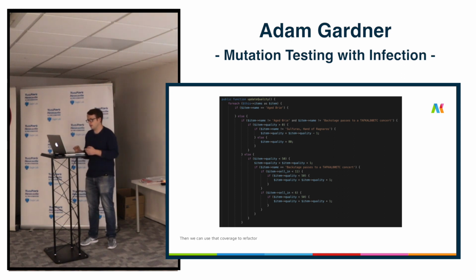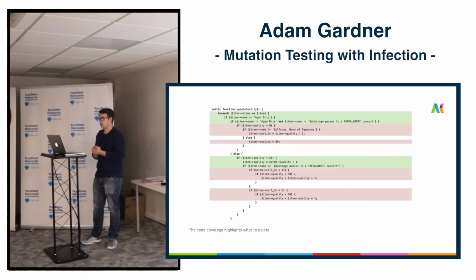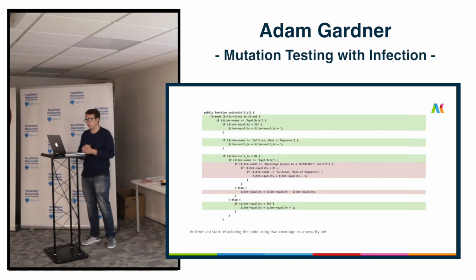Although that seems like madness, we can paste all of that code again into the if statement, and then we can use the code coverage to say, here's the bits that you don't need. So we can go in and delete all these red bits because we know that our tests have proved that that will still be fine. So we can get rid of those, and then we can start refactoring, and we've still got that baseline security net of your coverage tests.